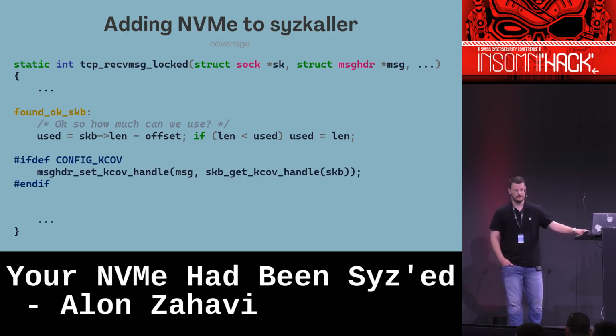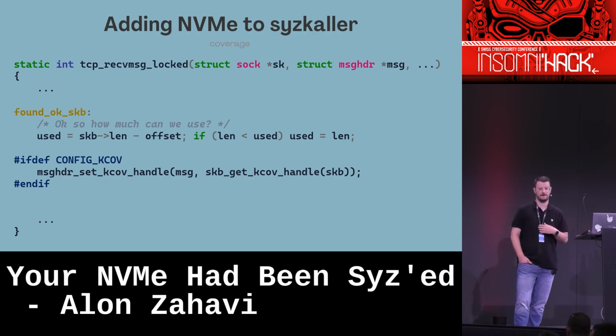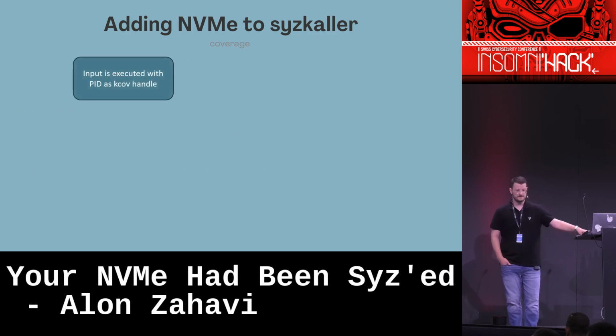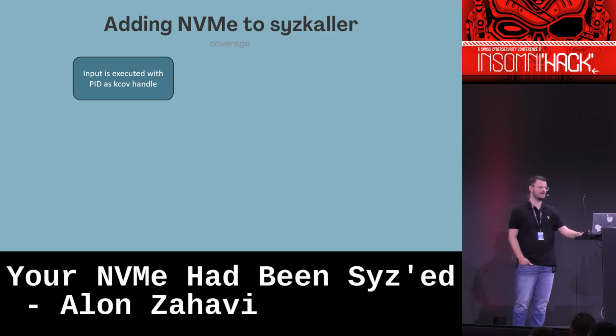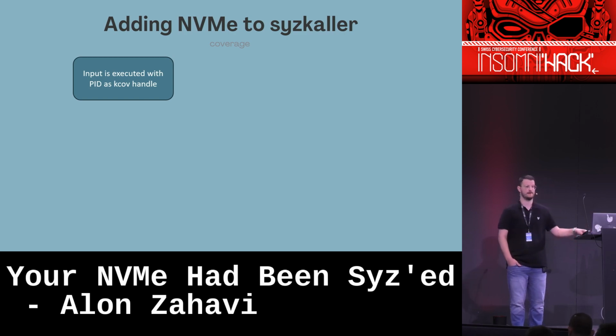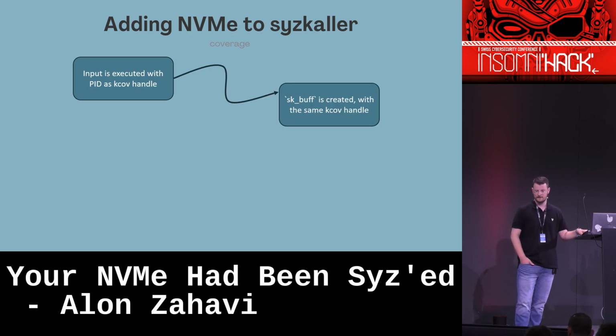And we created the message header set kcov handle with the kcov handle from the socket buffer of the packet. That was a bit technical, so let's do a quick recap. We have an input executed by Sys executor that has a kcov handle inside the task struct of the process.